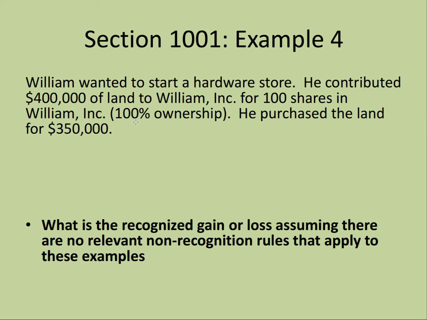So William, we'll say W, and we denote individuals, the circle. He's transferring land for stock in William Corporation, W, which is for William Corporation. So corporations are going to be a rectangle.